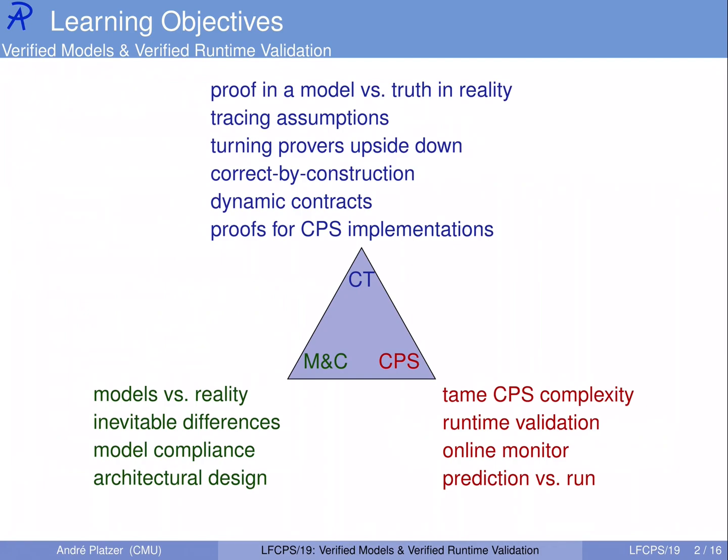By combining offline verification with online verification and runtime validation of the system using online monitoring, such that you overall combine static, once ahead-of-time predictions with the actual physical run of the system.